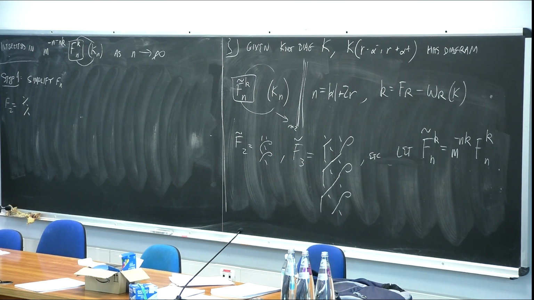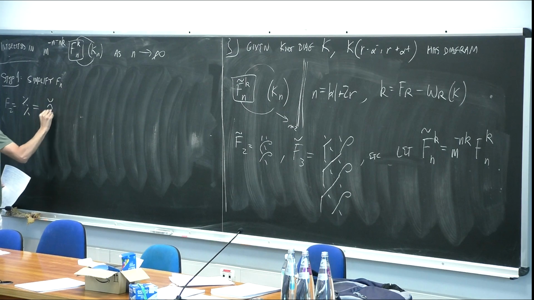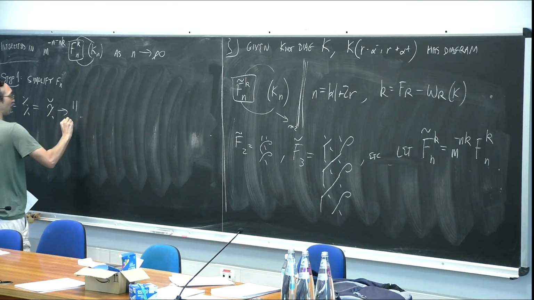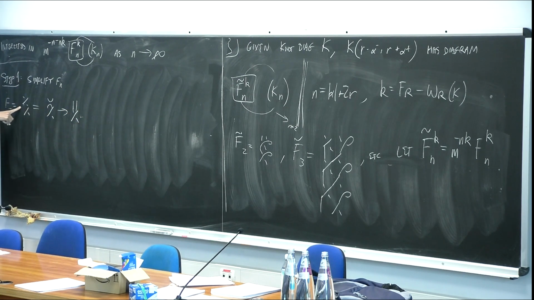Here's F2. But I know that a crossing in this Khovanov-Rozansky world, if I'm just doing the mixed grading, and don't worry about grading shifts, really just sort of looks like this. I've sort of messed with the first crossing there.